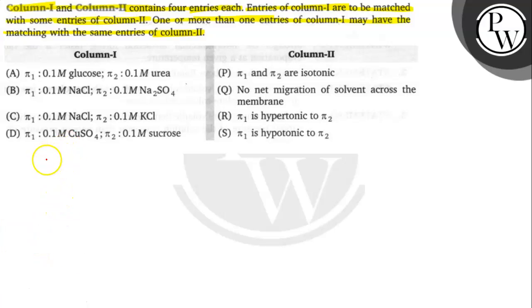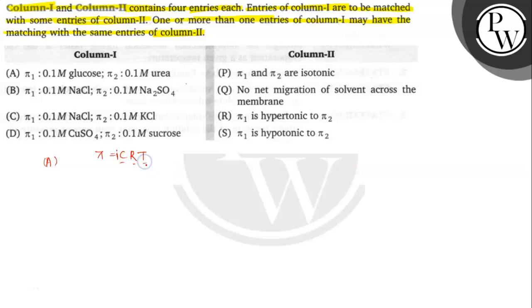So it is all about osmotic pressure. We know the formula pi equals CRT. Here C is concentration, that is molarity, T is temperature, and R is universal gas constant. To compare two osmotic pressures, we have to compare the concentration, or i, that is the Van't Hoff factor.